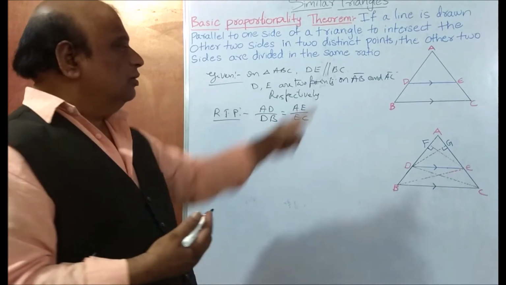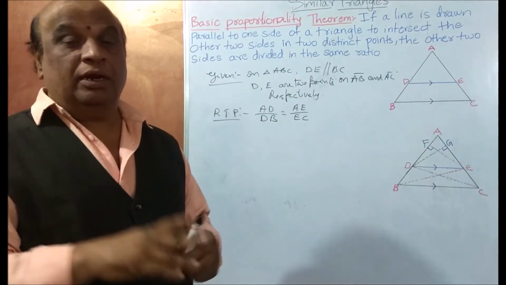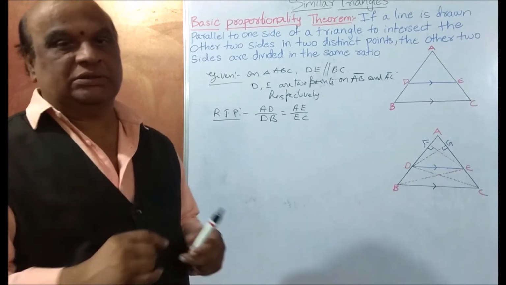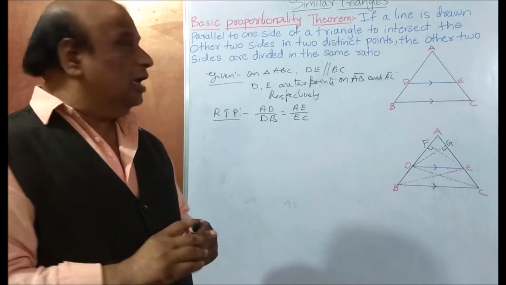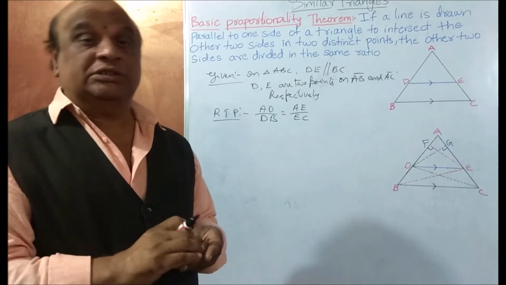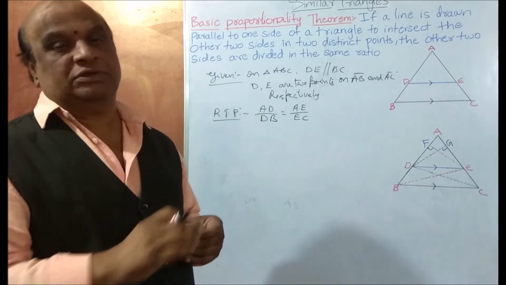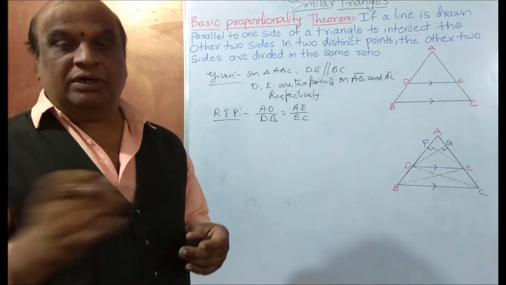Here, we will prove this theorem in two methods. First of all, I want to prove this theorem by using the similarity of triangles, by using the conditions of similarity. Already we discussed that.